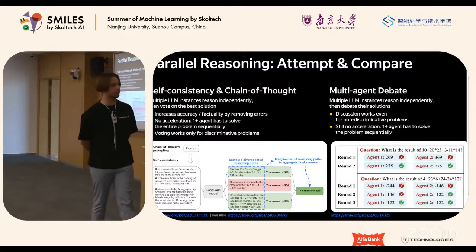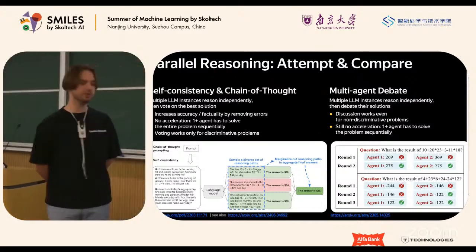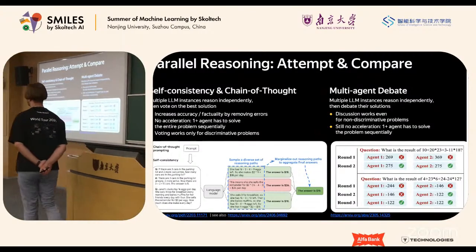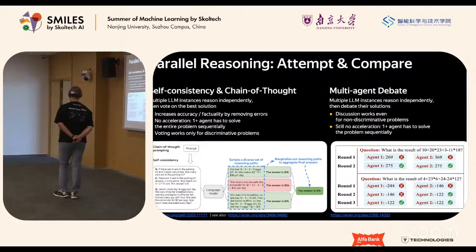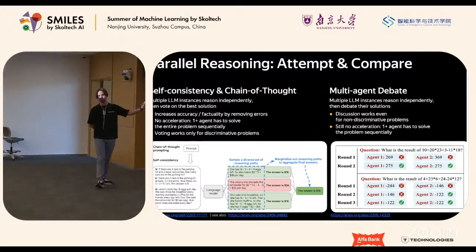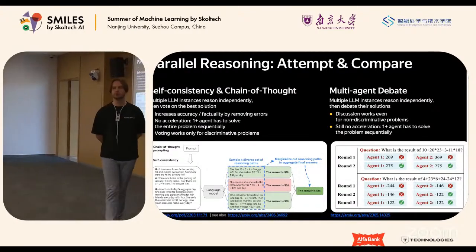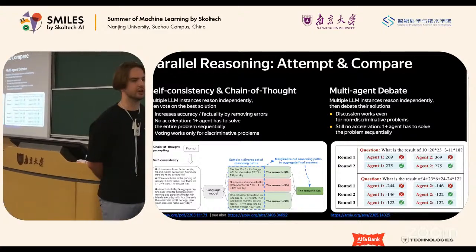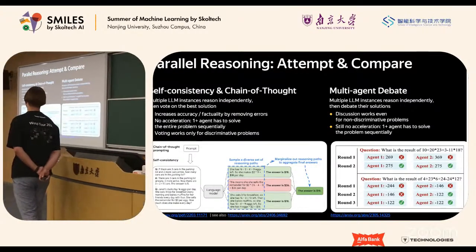So let's look at some prior works. More naive approaches here may use some simple multi-agent setups where either you launch the LLM with full chain of thought and reasoning process a few times and somehow choose the final one, either by just finding the answer which is the most popular among the agents, or by launching a multi-agent debate, where you launch a few agents, they output some answers, they discuss them among each other a few times, and when they all land on the same answer, you output it.